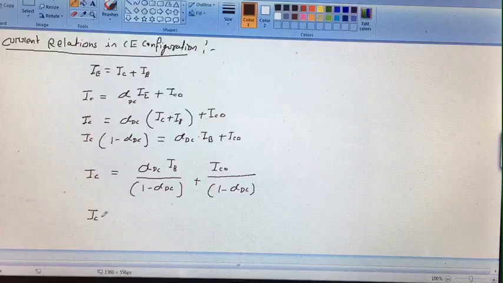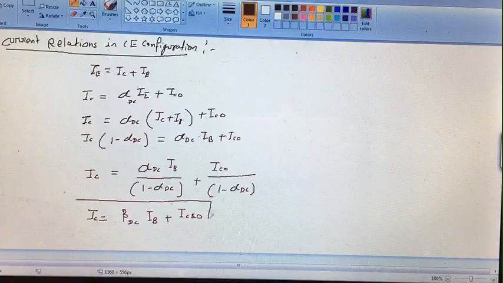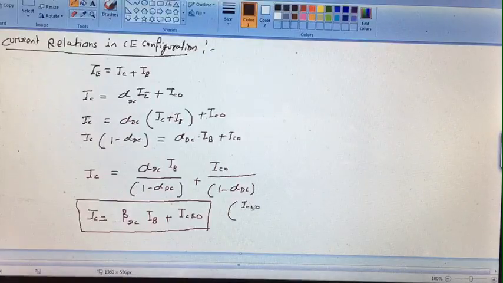So that's why IC is equal to beta DC IB plus ICEO, where ICEO is equal to ICO upon 1 minus alpha DC.